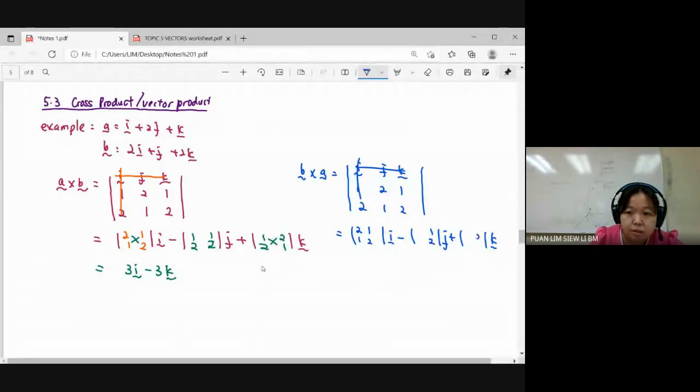Copy paste in out, yang menegak 1 2. B and A terbalik. B first, 2 1 2. A kemudian 1 2 1. Okay, so potong minor 1 1, 1 2 2 1, copy paste in and out, yang menegak 2 1.